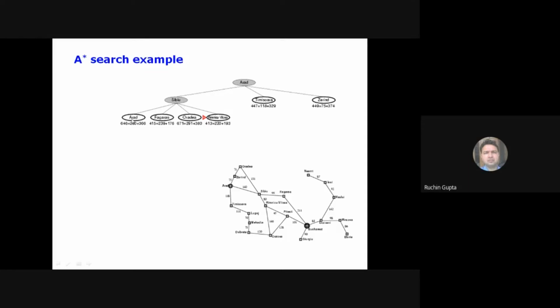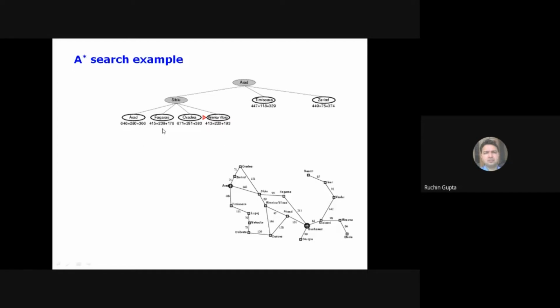So how to calculate the value for Arad? This is g(n), which is the cost from Arad to Sibiu and Sibiu to Arad. So this is 140 plus 140, so this will become 280. And this is the h(n) value, Arad to Bucharest, the straight line distance, which is given to us as 366.